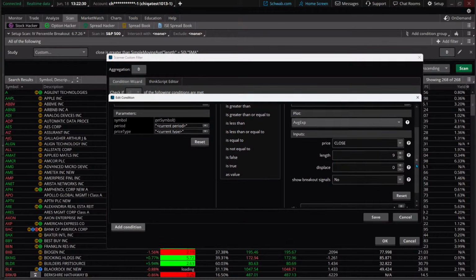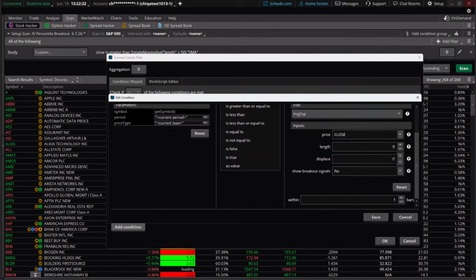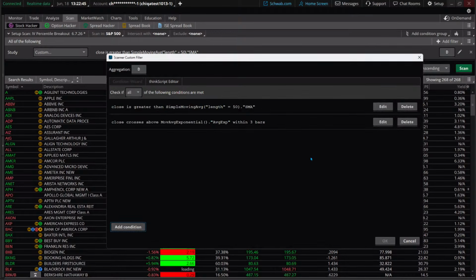I'm going to keep the default as a 9, just as they have here. We are going to say within 3 days. So 1 day, 2 days, or 3 days within that time frame. It's not saying exactly 3 bars ago. There is a way for us to do that, but it's really nice to have this down below. So now we say within 3 bars, that shorter term moving average, which is the 9.